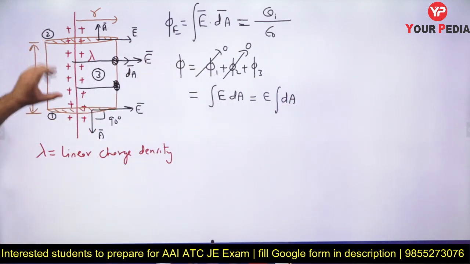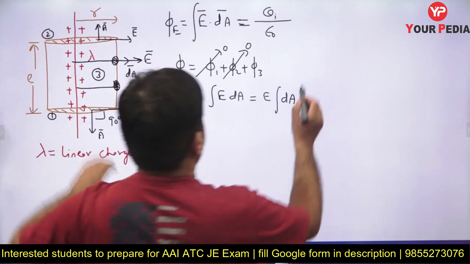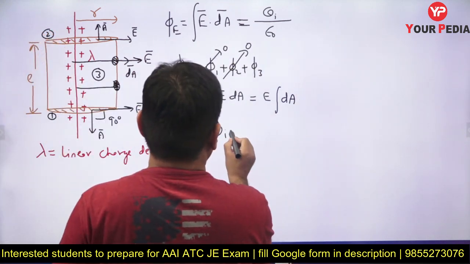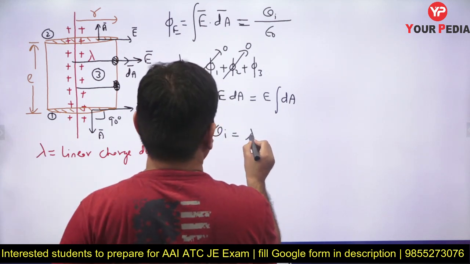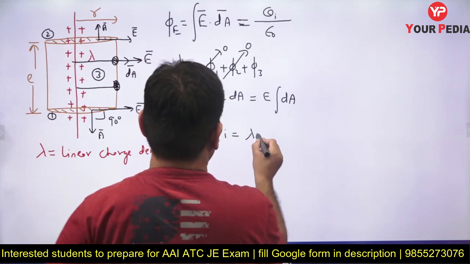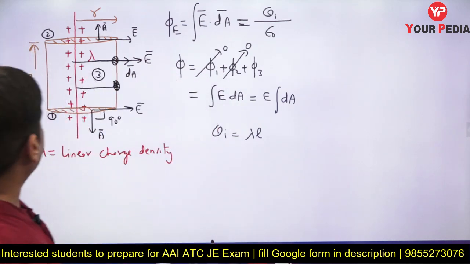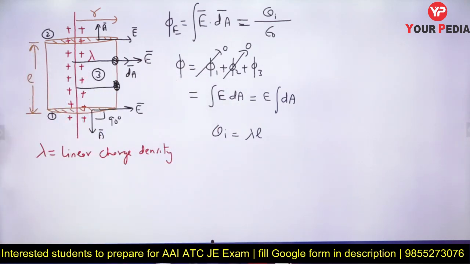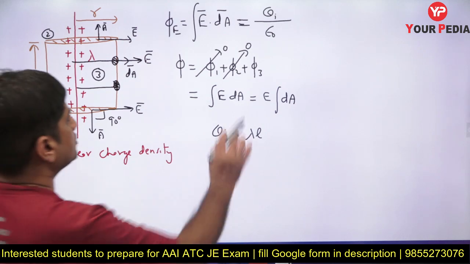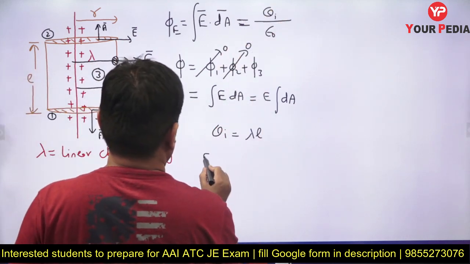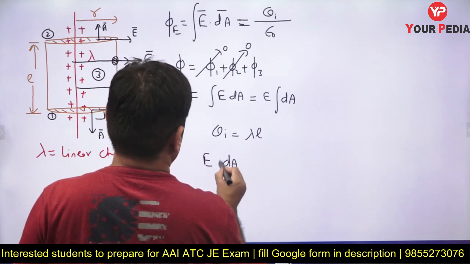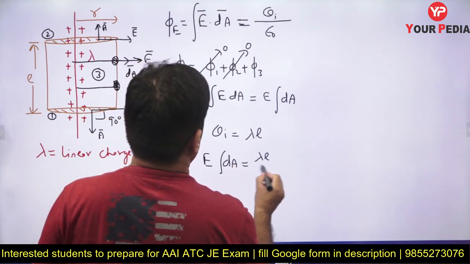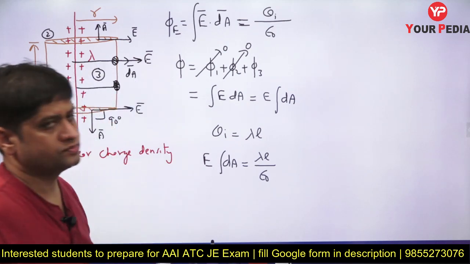Now for this Gaussian surface, can you tell me how much is the charge inside it? Q inside is equal to linear charge density into this length L. If I take length L, the charge inside is lambda into L. Now if I put that in this equation, I get E into integral dA is equal to lambda L over epsilon naught.